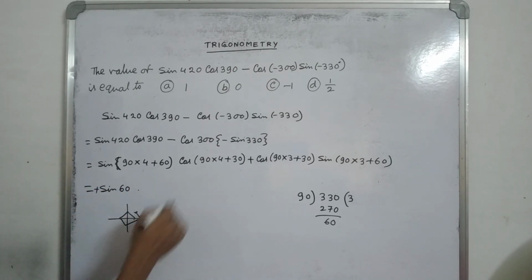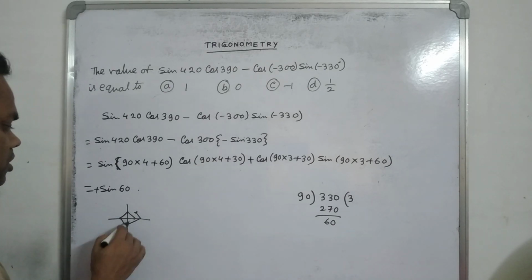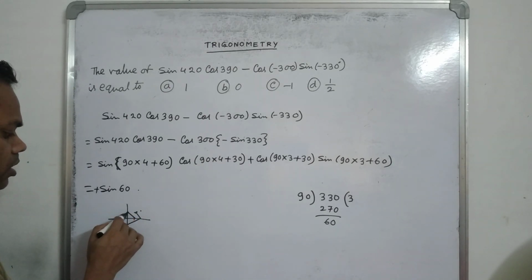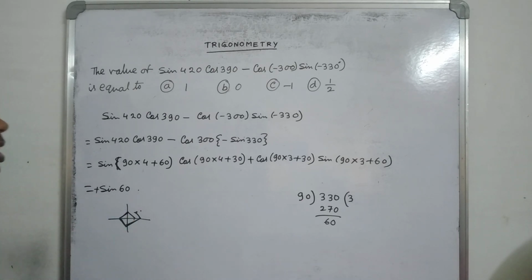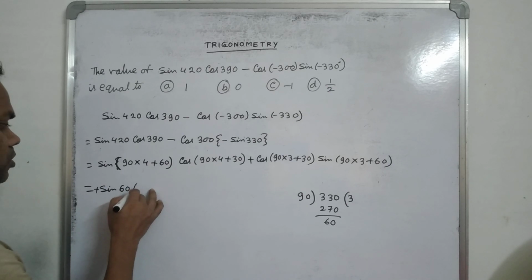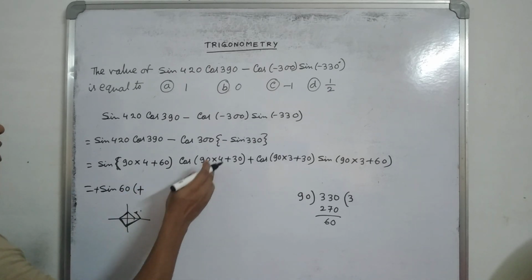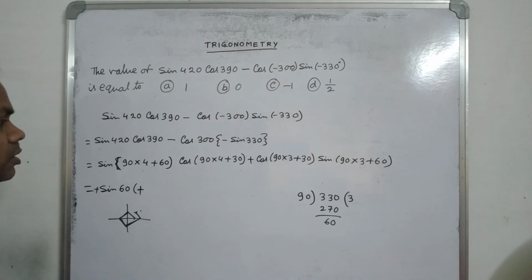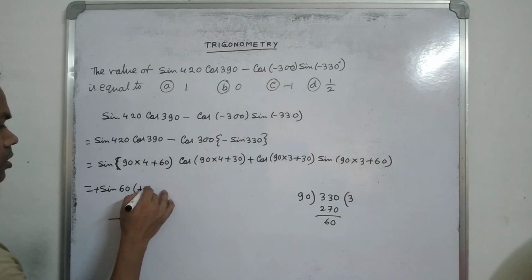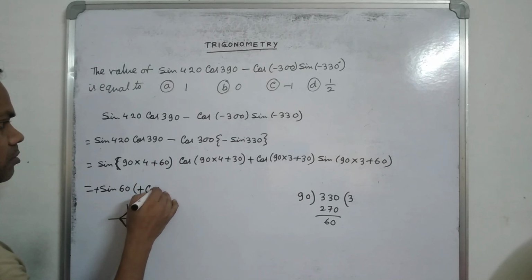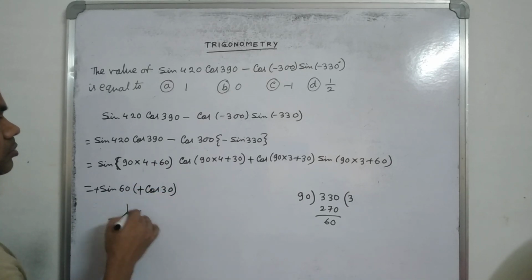Then 90 into 4 plus 30 also lies in the first quadrant. In the first quadrant cos is positive, and 90 into 4 is even, so cos remains cos, so this is cos 30.